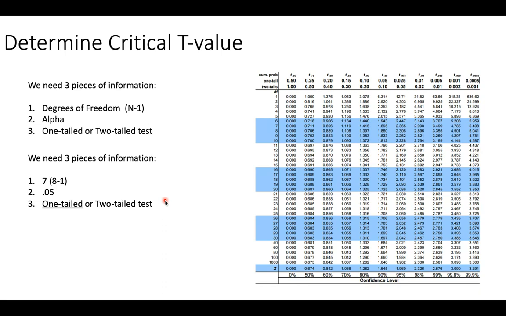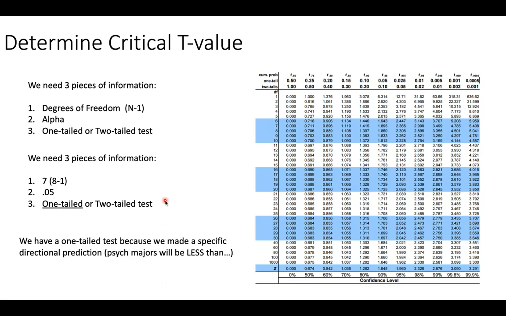So our degrees of freedom is 7, which means I know that my critical t value will be on this row because we looked for degrees of freedom 1, 2, 3, 4, 5, 6, 7, and we found it right there. So my critical t value, my hurdle, my line in the sand that I must cross, that I must be more extreme than, is going to be on this row.